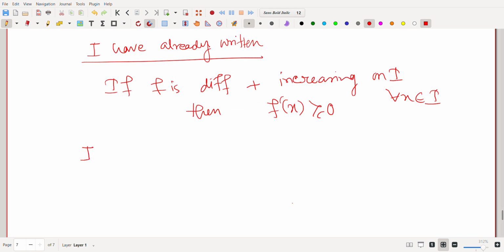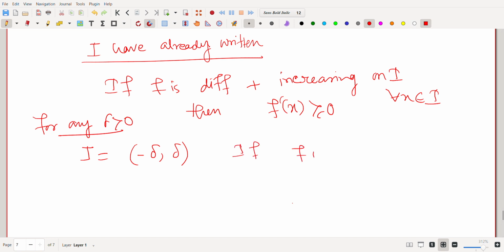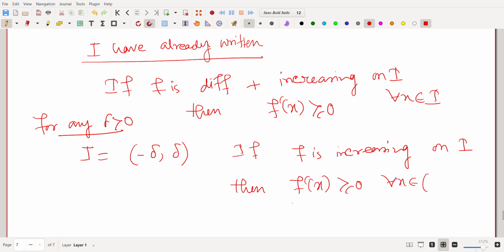Now in particular, for any delta greater than 0, choose I to be (minus delta, delta). And if f is increasing on I, then f prime x is greater or equal to 0 for all x belongs to (minus delta, delta), right?